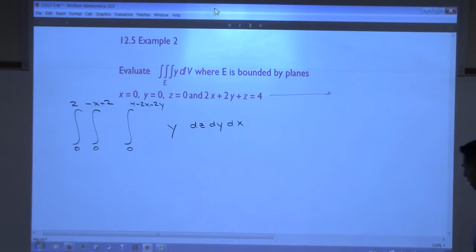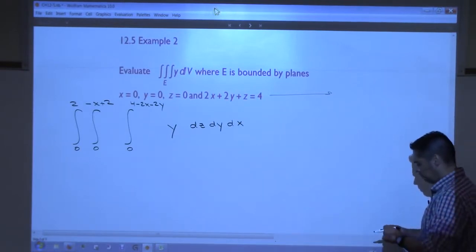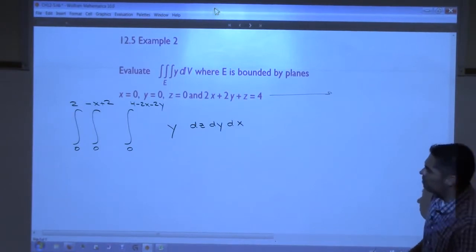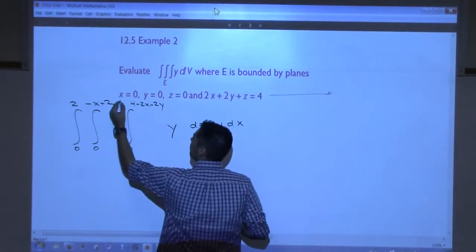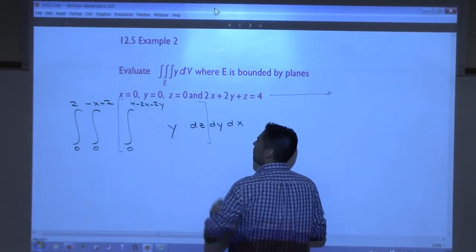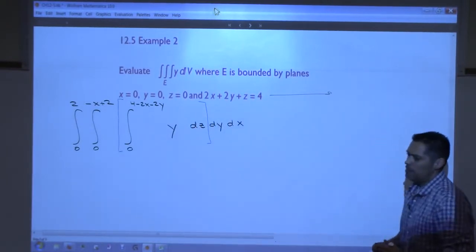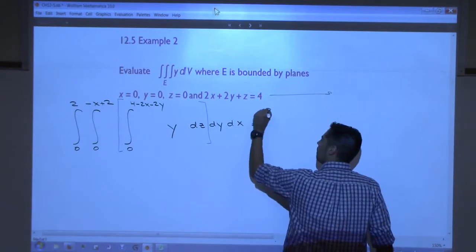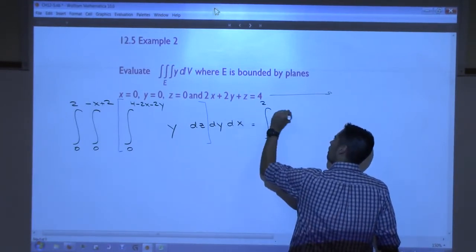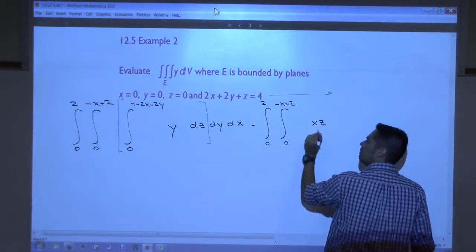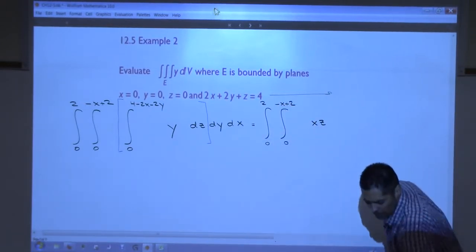And now we do the integration. So I'll do the integral now. Do this one. The antiderivative of y with respect to z is yz, right? I said yz, I wrote xz.